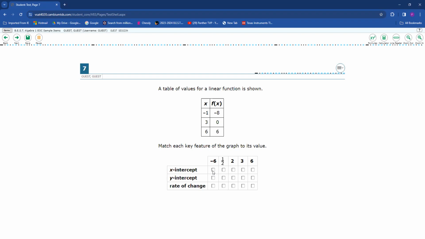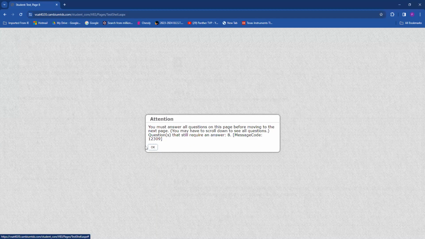So I believe the x-intercept was 3. As I can see, y is 0, x is 3, the y-intercept was negative c, and the rate of change was 2/1. Unfortunately, it doesn't let me just keep the question blank.